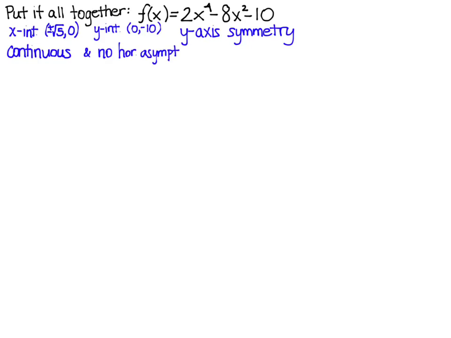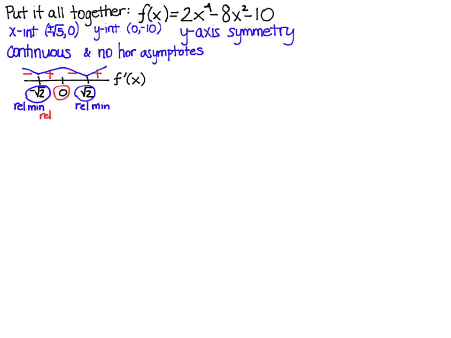We saw that the function was continuous and had no discontinuities. Furthermore, we had no horizontal asymptotes. We also saw intervals of increase and decrease, giving us a relative min at negative square root of 2 and at square root of 2, and a relative max at 0.